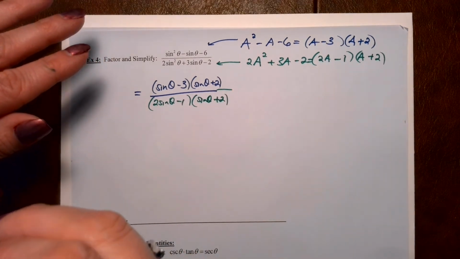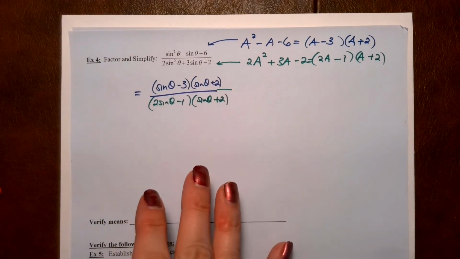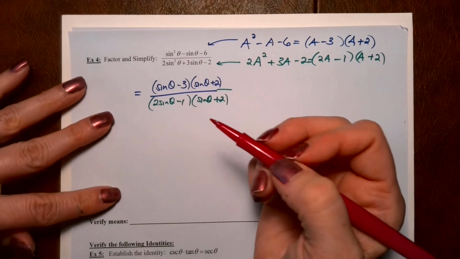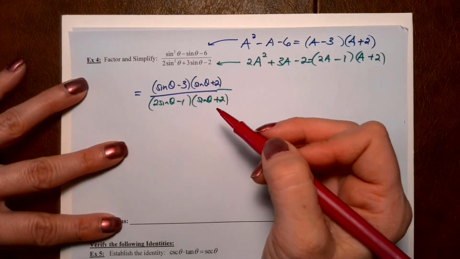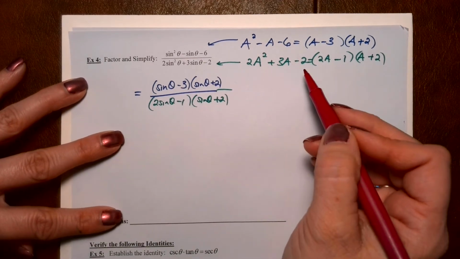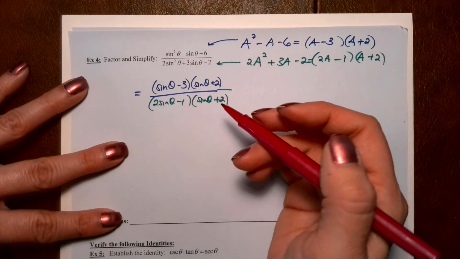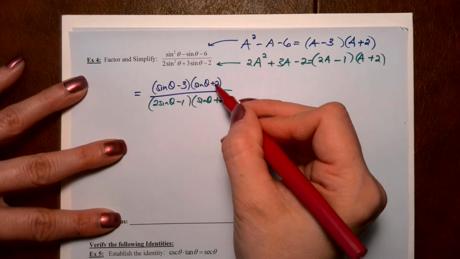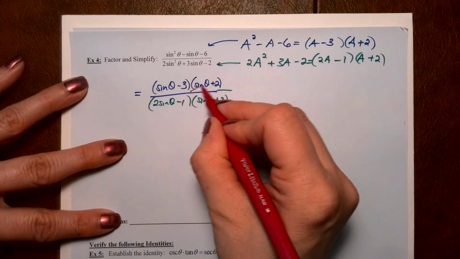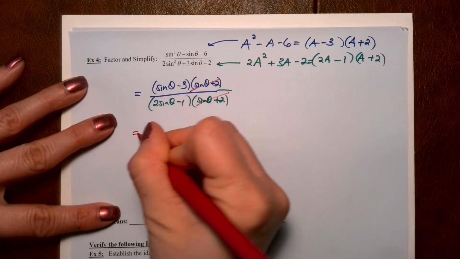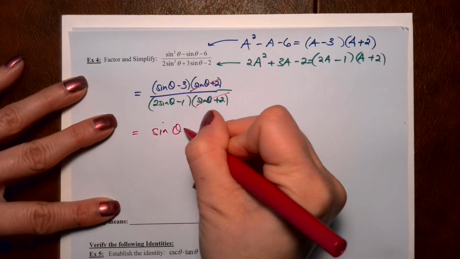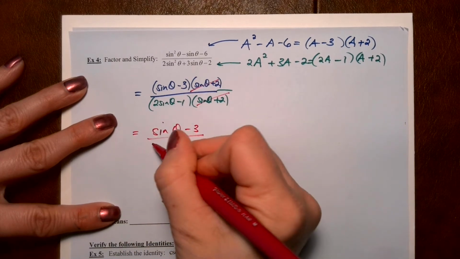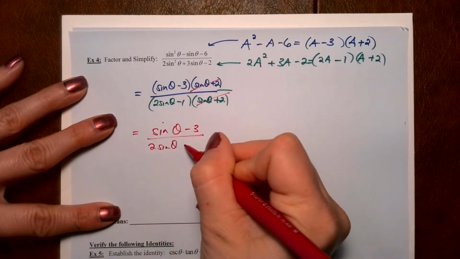Okay. Now it doesn't necessarily have to work out this way, but when I'm doing these problems, I'm thinking one of them is probably going to be an identical quantity. So just double check your factoring if nothing matches. Sometimes it doesn't, but usually there is a common quantity. We can cancel the entire thing out, and we're left with sine of theta minus 3 over 2 sine theta minus 1.